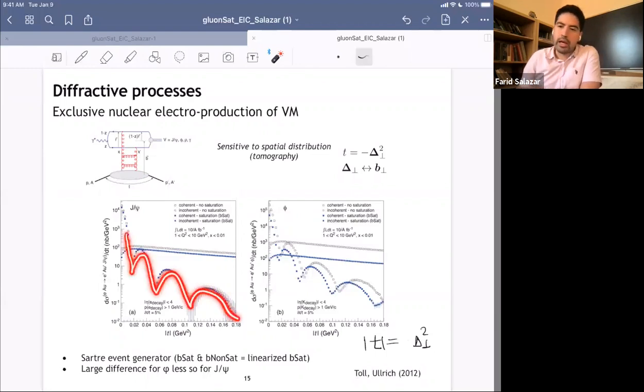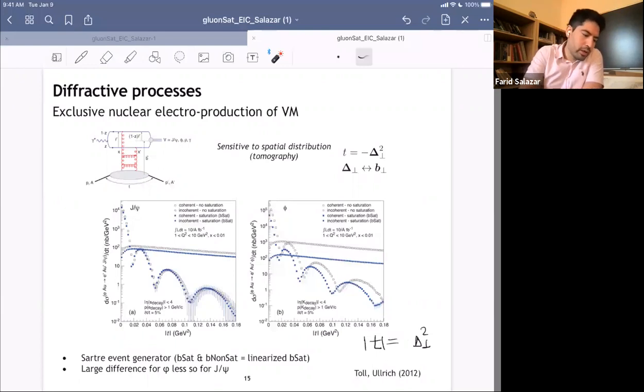These are kind of like the Fourier transform of the so-called Woods-Saxon. But the saturation models show some deviations between what you get with saturation and without saturation. But I should mention that there are other models that have multiple scattering that are able to kind of reproduce these features. Now, the energy dependence and the nuclear dependence might be a way to distinguish between the two.